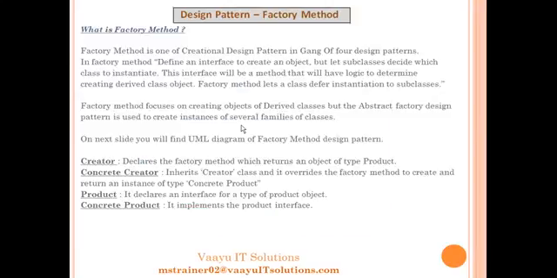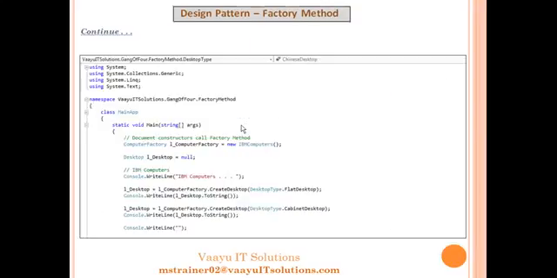What is this product? It declares an interface for a type of product object that will actually be created. What is this concrete product? It implements the product interface of the actual object. Product is the abstract class, and concrete product is the derived class that will actually implement the product interface.